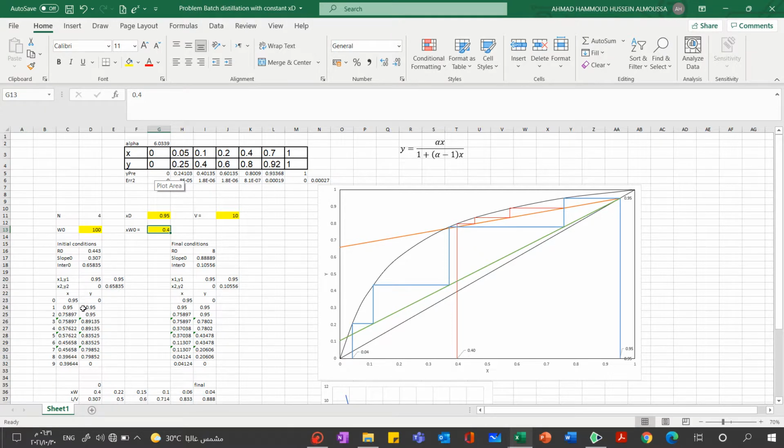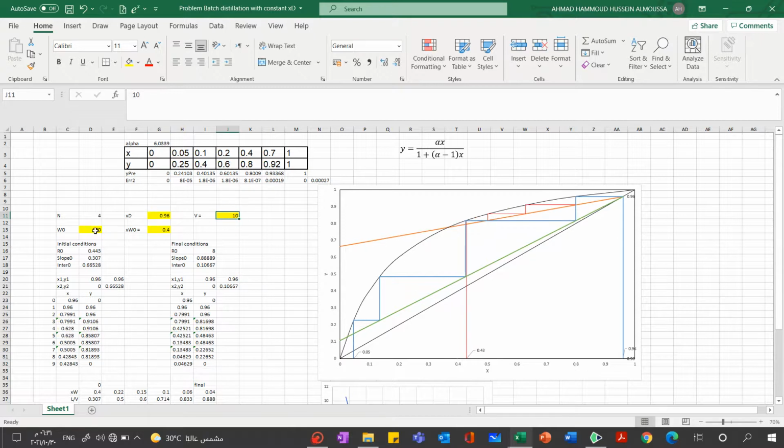As we say, the question says that xd was 0.9, oh sorry, 0.96, and the v equals 10, w naught equals 100, and xw naught equals 0.4.